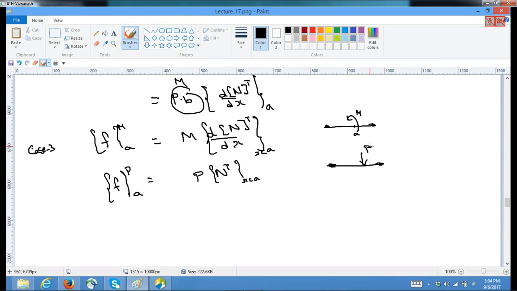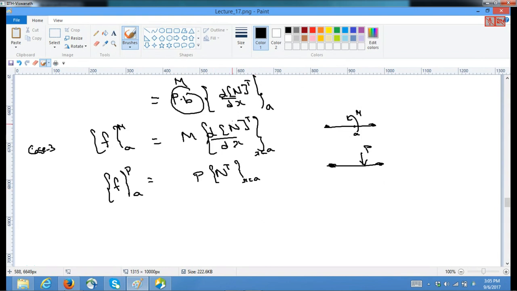And this will help us to deal with any kind of 1D problem for beams. Either your point loads can be matching with the nodes or they need not be matching. In that case, you will simply use this Fm at A or Fp at A and evaluate based on the shape functions at that given point.